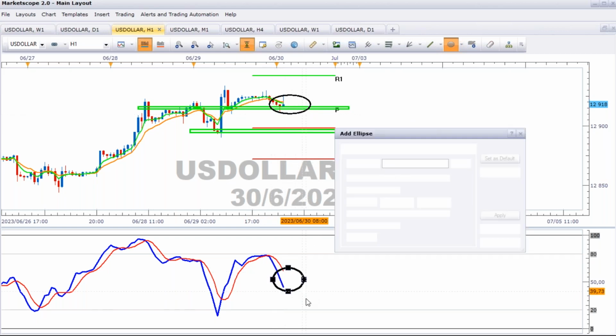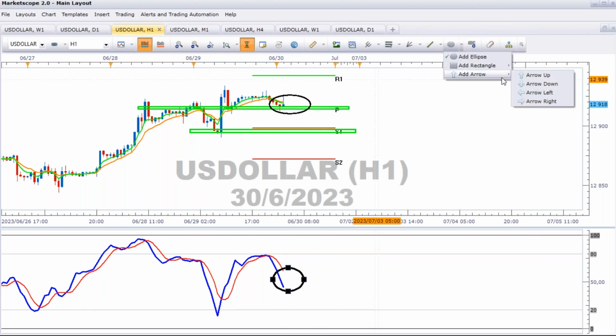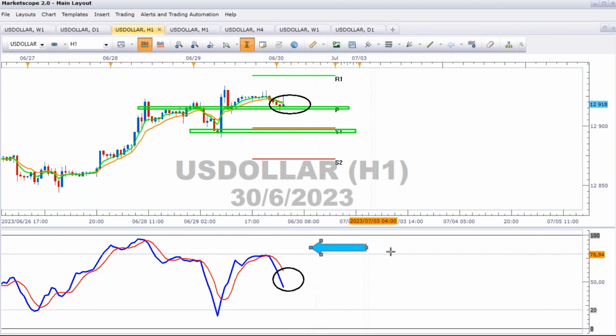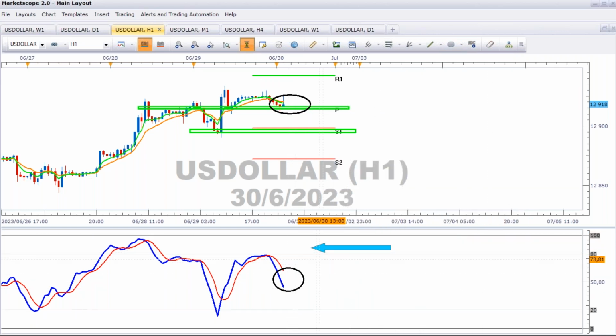We want to see if the stochastic crosses up and moves in that northeasterly direction. And if the stochastic moves into the upper quintile and holds, then we have an underlying bullish momentum that is supporting greenback prices.